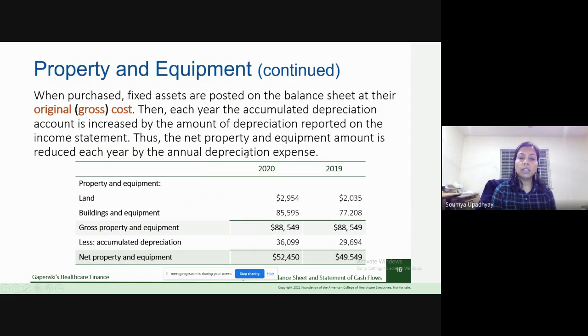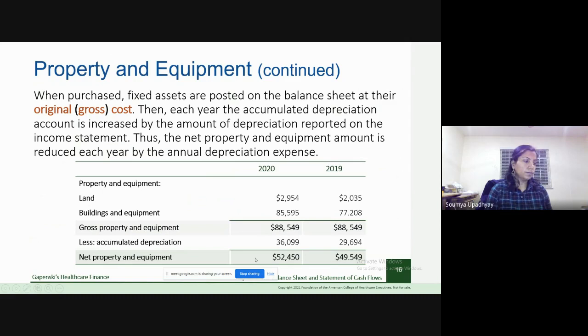You have an accumulated depreciation of $36,000. Until 2019, your accumulated depreciation was $29,000. Now in 2020, it is $36,000. So you have to subtract this number from the property and equipment total to get the net property and equipment.